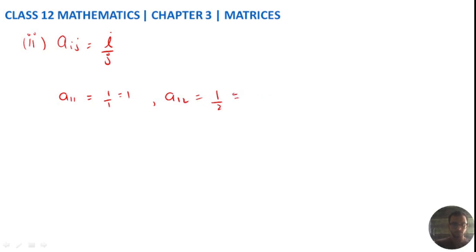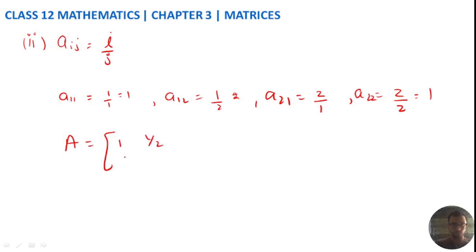Now A21 will be with i as 2 and j as 1, that is 2. And A22 will be with i as 2 and j as 2, that is 2 by 2, which is 1. So we got the required matrix. That is A11 is 1, A12 is 1 by 2, A21 is 2 and A22 is 1. So this is the required general matrix for A with the condition given as Aij equals i by j.